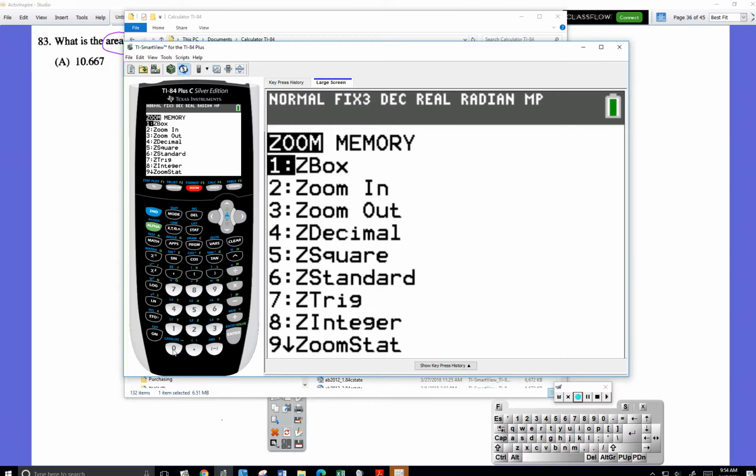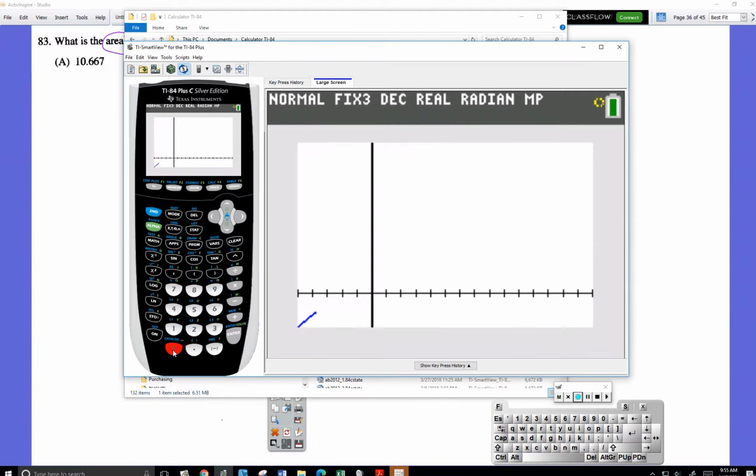Zoom fit. Yeah, obviously 0 to 5 was a lot better because it's all happening right here. Nothing's happening out here or out here. So back to 0 to 5 is good.